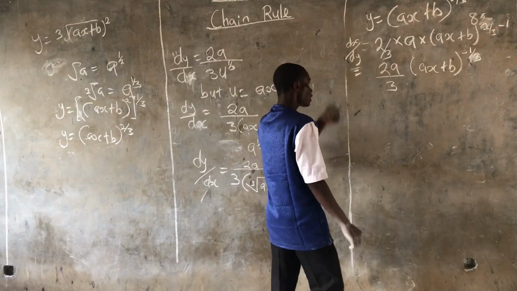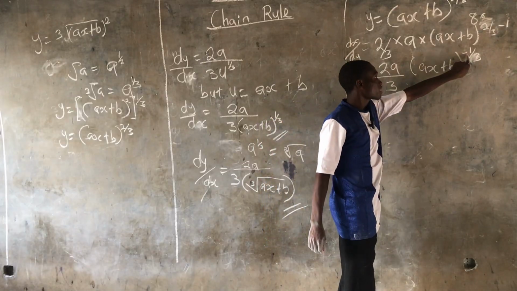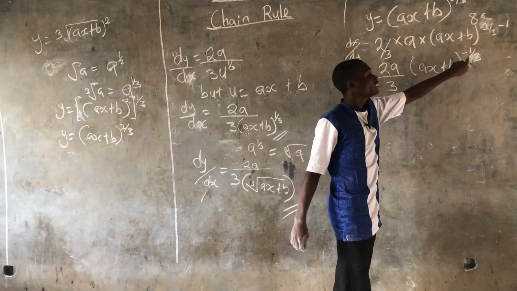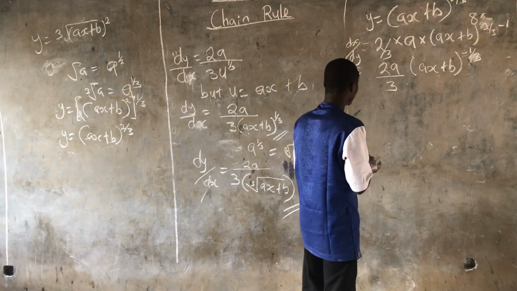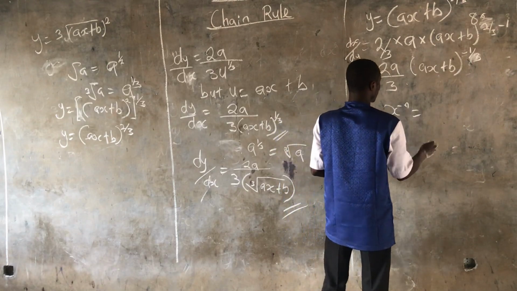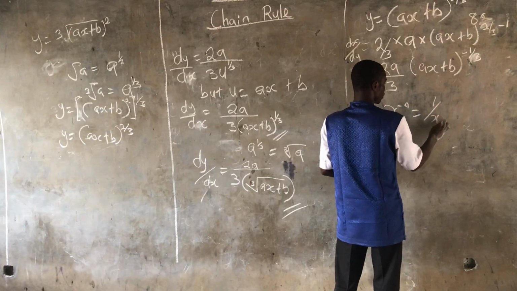Now let's look for a way to eliminate this minus. We can eliminate it using the law of indices, which says x raised to the power minus n is the same thing as 1 over x raised to n.